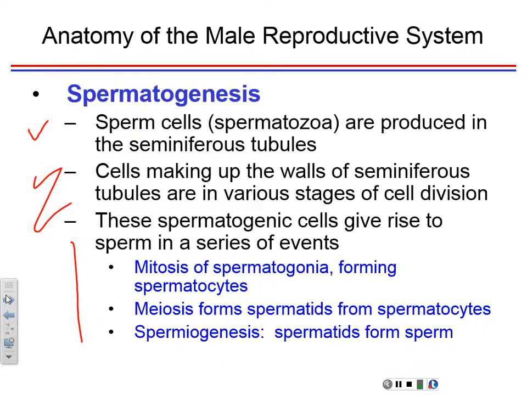Spermatogenesis is the whole process, so don't confuse the two. Spermiogenesis is simply the differentiation of a spermatid, which is a circular cell, to form a sperm cell with 3 regions: the head, the tail, and the midpiece. Spermatogenesis is the whole process, starting with the spermatogonium.